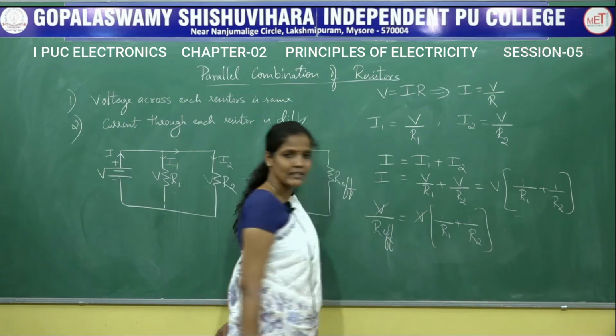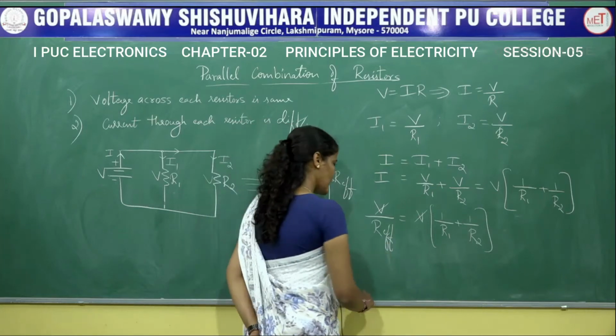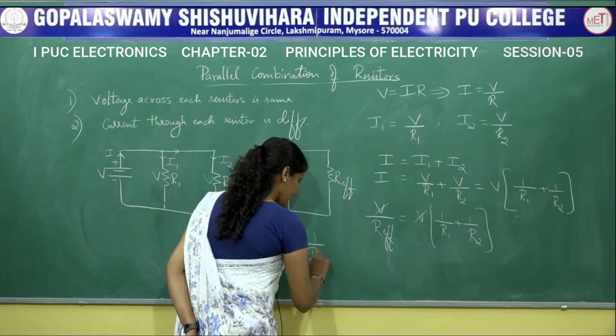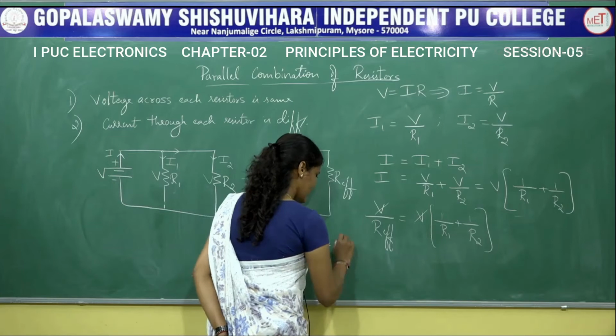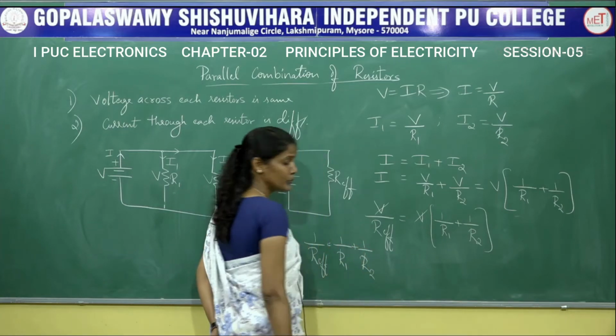Here V gets cancelled because V is common on both the left hand side and the right hand side. So I will be left with 1 by R effective equals 1 by R1 plus 1 by R2.